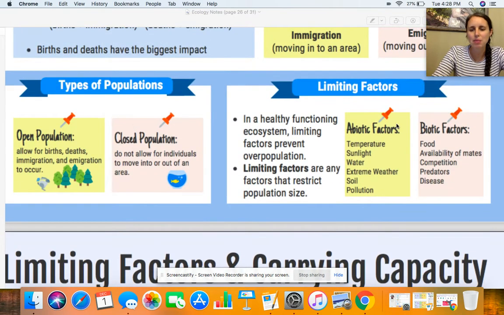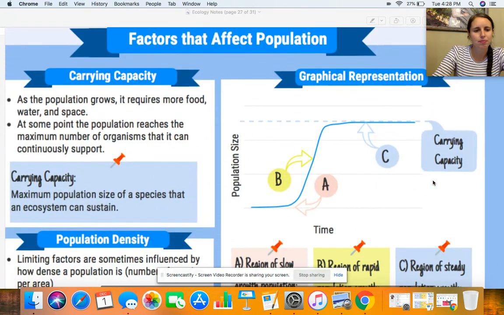So one of these limiting factors is eventually going to limit the population so much that it kind of caps the population. It might be temperature, it might be extreme weather, or more likely it's going to be the food availability, the availability of water, the availability of mates, or competition or predation.